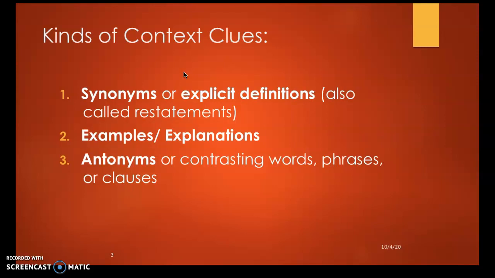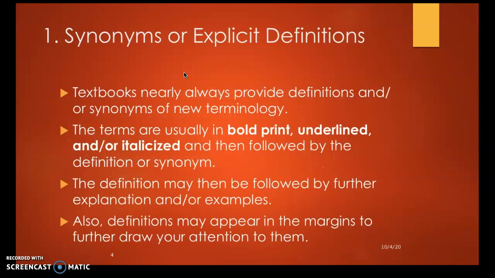You probably use context clues to some degree already, just sort of naturally. Textbooks, which you're going to have for many of your classes, are always going to provide definitions or synonyms of new terminology. So if you're reading a biology textbook, for example, this week we're going to read an excerpt about viruses from a biology textbook.